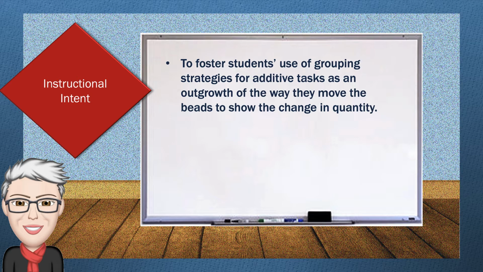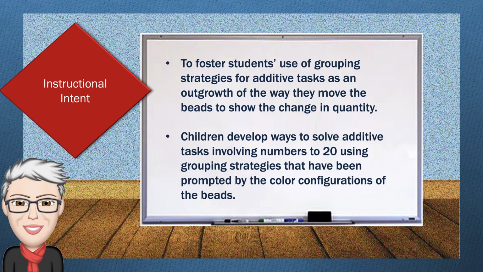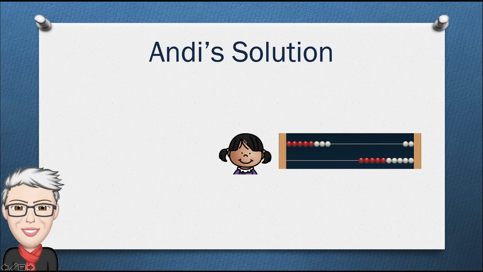Or to say it another way, the goal is that children develop ways to solve additive tasks involving numbers to 20 using grouping strategies that have been prompted by the color configurations of the beads. With this in mind, the teacher's agenda is to foster children's conceptual development to that end. Let's look at the way Andi moved the beads and consider how that might contribute to developing grouping strategies.